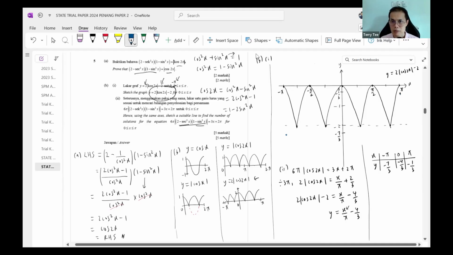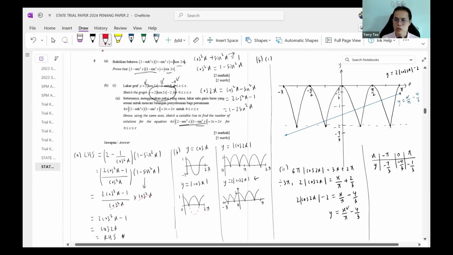Now I'm going to take my ruler and pencil, connect this. Okay, let me just adjust it a little bit lower. Okay, we can see that. Now, this is the graph of y equals x over pi minus 4 over 3.